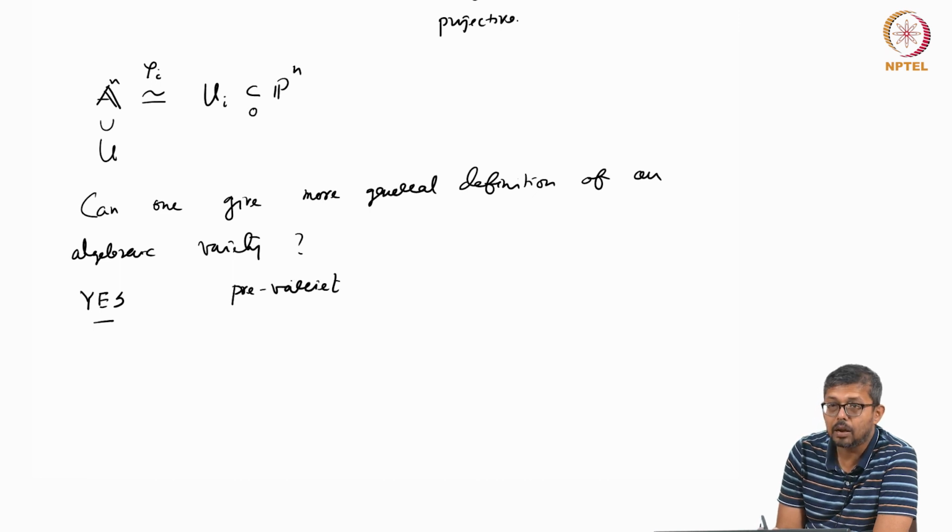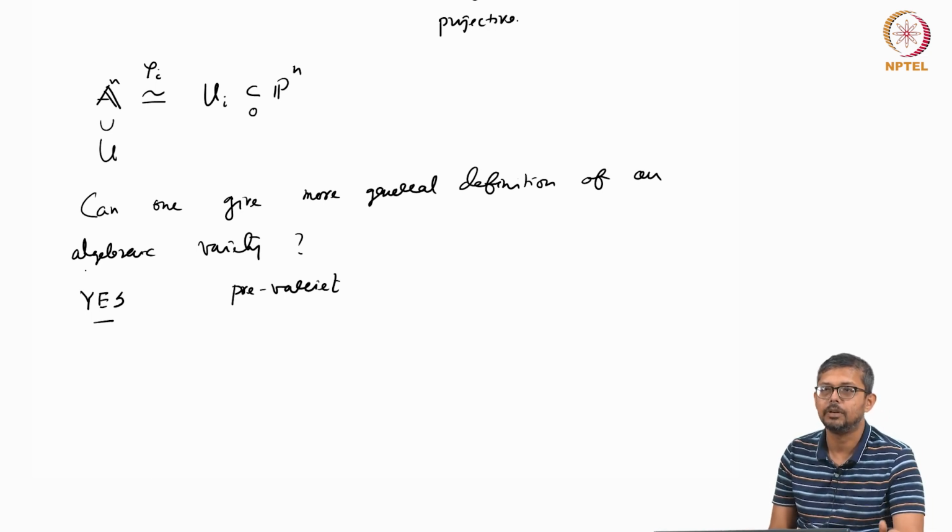We are talking about quasi-projective and projective. Yes. But can one define an algebraic variety more generally? Like this quasi-projective is some open subset in P^n. Can you generalize this definition? The problem with quasi-projective or quasi-affine is that there is some open subset in some affine space. Abstractly, when you say topological space, it is a very abstract definition, right?